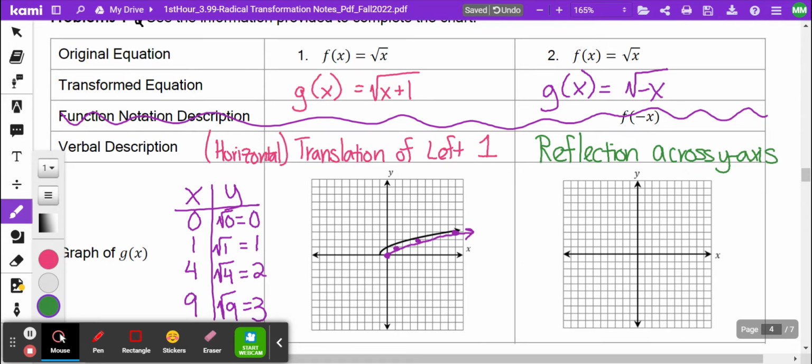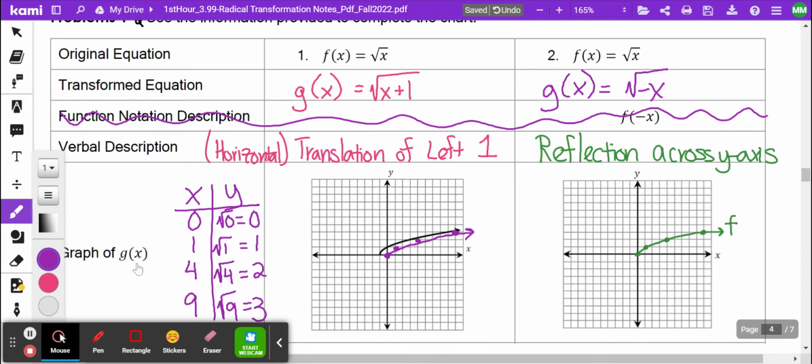So what I can do is I can draw what my original is. Remember, it's always going to be at 0, 0, 1, 1, 4, 2, 9, 3. And then I can be like, okay, if that is our original, that's F, then I'm going to put what G is.